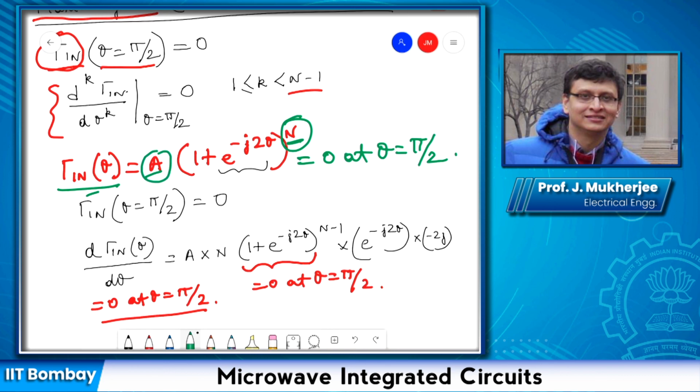One is this capital A and the other is this capital N. So we need to know the value of this constant A and what should be the order of the filter. Now from the graph that I had shown earlier, you can see that as the order of this filter increases, in other words, as the value of n increases, the bandwidth increases.